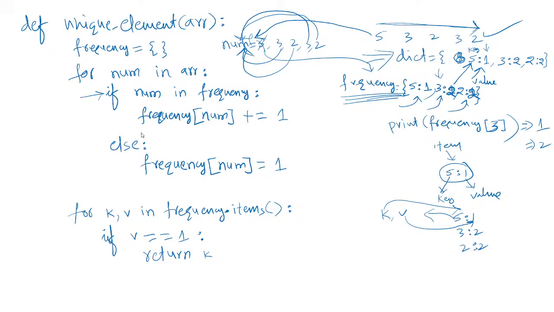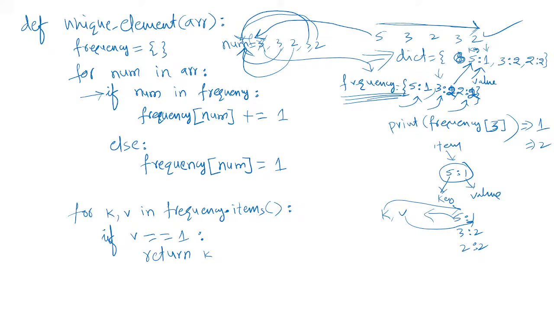Now you access the dictionary: for key, value in frequency. You want to get each key-value pair, no? So you should use the method called items, frequency dot items.